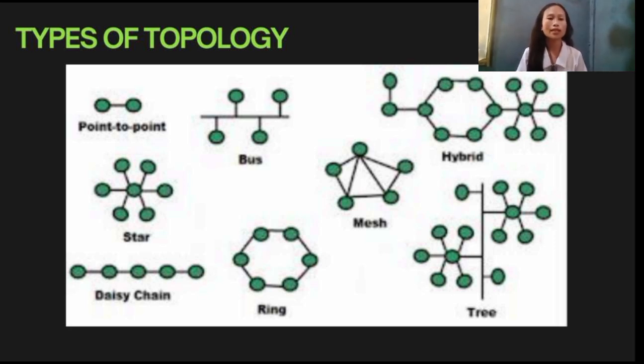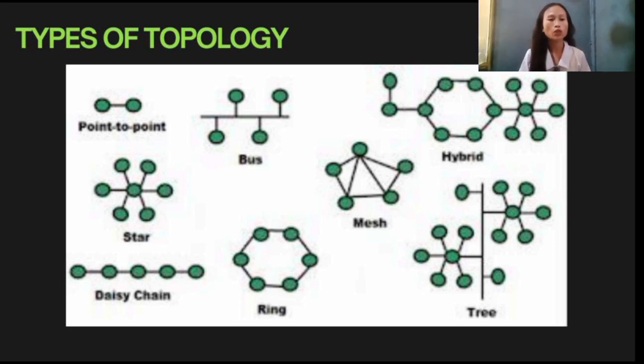So the next one is daisy chain. Daisy chain is a network topology where devices are connected in a linear sequence with each device connected to the previous one. So the next one is ring.